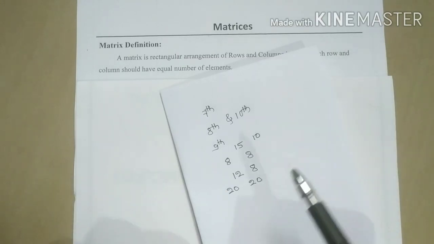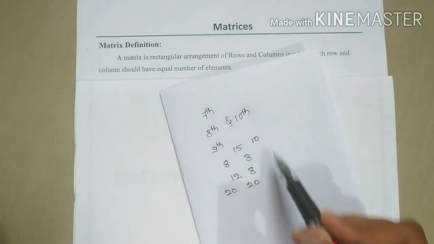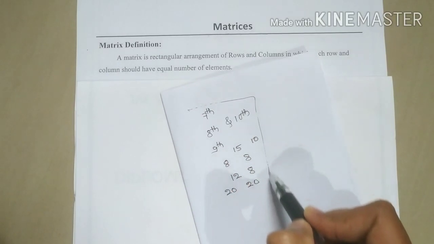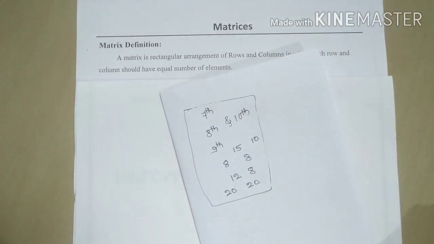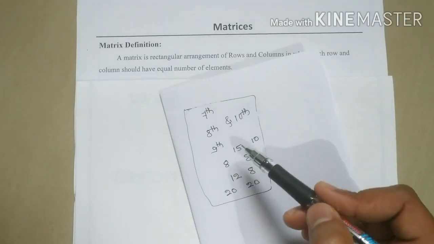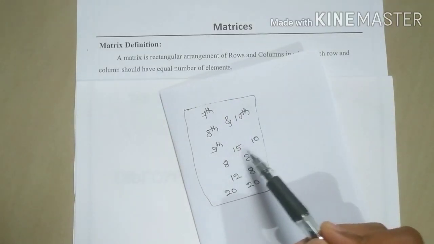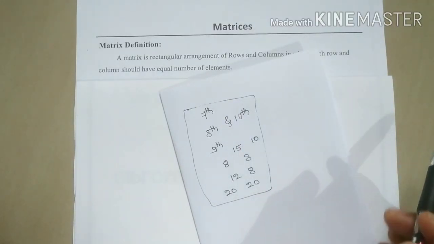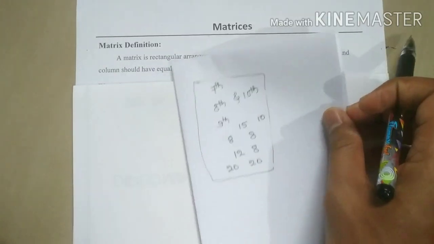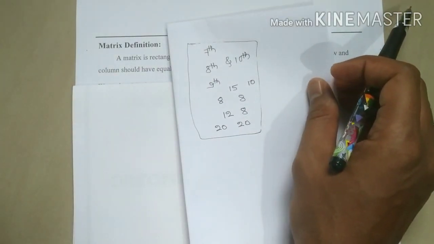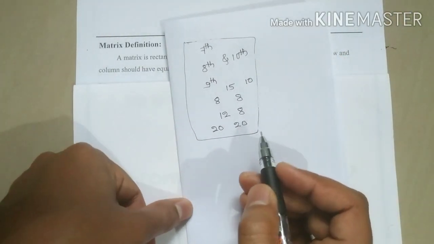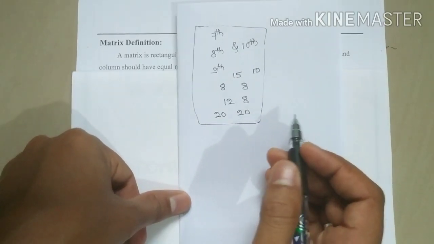If I give this entire list, they will not understand. Why? Because it is not properly arranged. Now I'm going to rearrange this. See how I am going to rearrange.